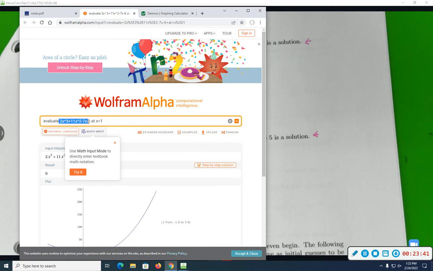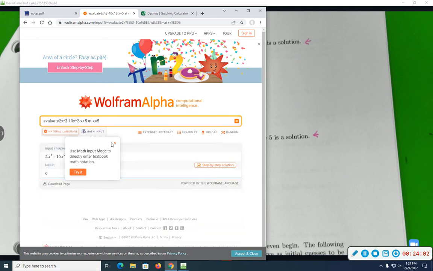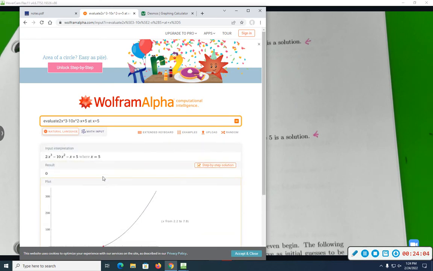So let's evaluate 2x cubed minus 10x squared minus x plus 5 at x equals 5. Not x equals g. All right, there it is. The result is 0, so we're good.